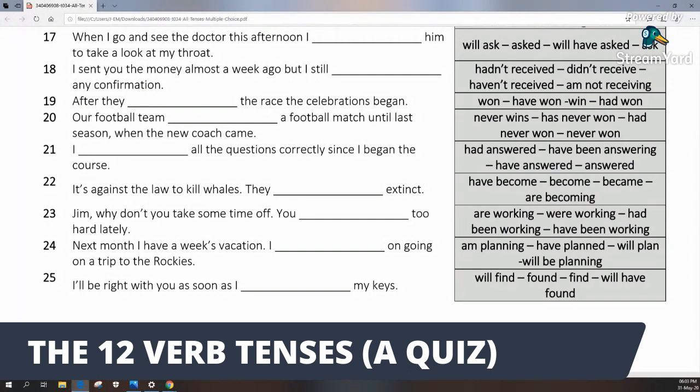You only have 25 items. The answers of this exercise will be given to you in my next video.